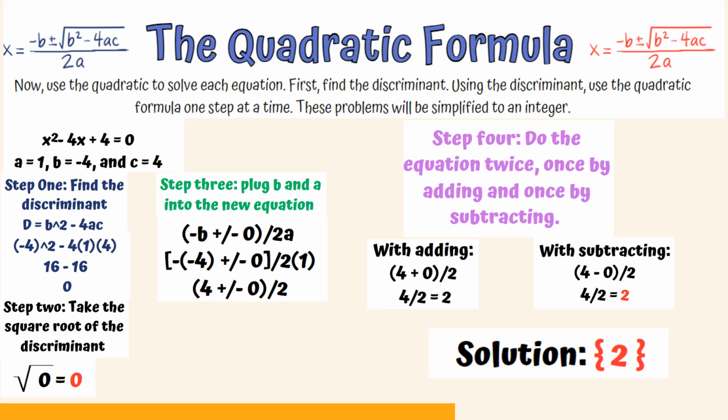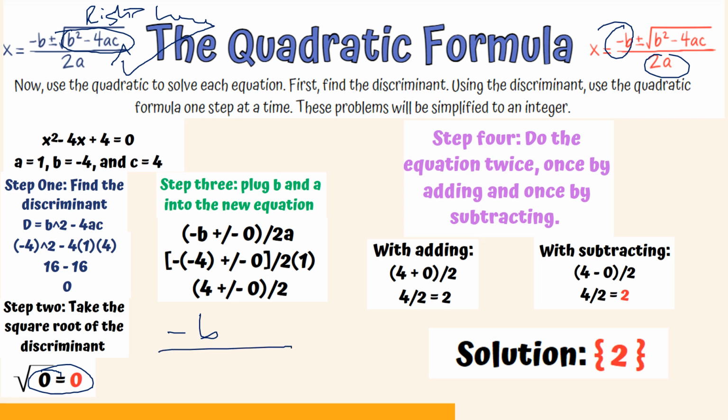So just to recap this problem, first we found the discriminant, which is underneath the radical sign right here. We plugged some numbers in, did some calculations, and took the square root of that discriminant. And then we used the numbers we had not touched, negative b and 2a, to create a new, easier to work with equation.